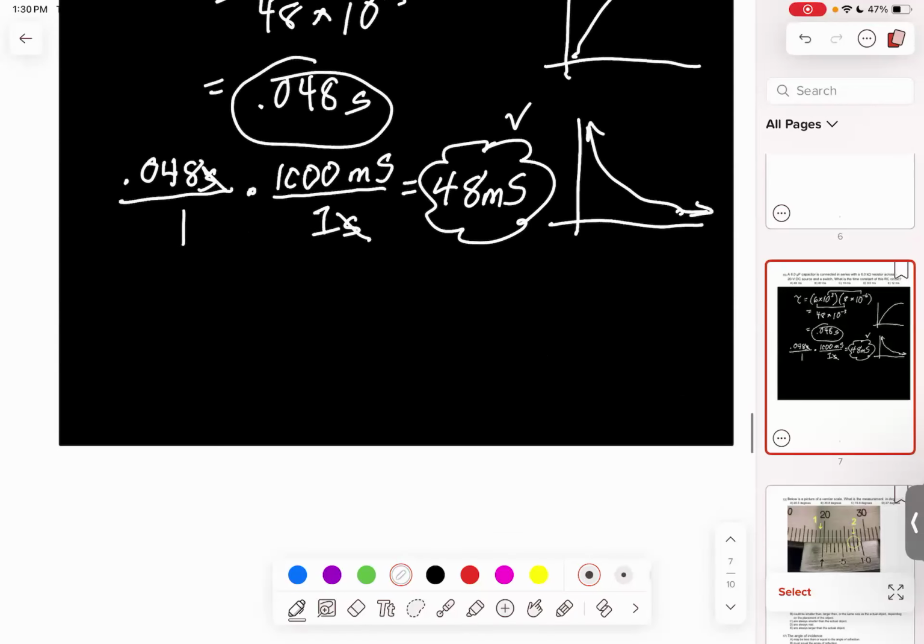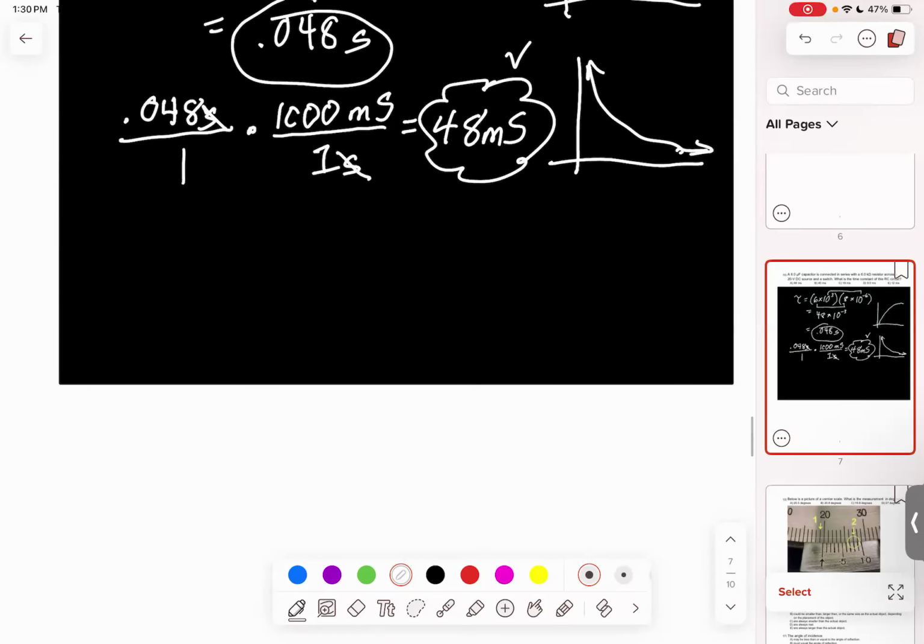Okay, a couple things you need to know also in terms of voltage increases and voltage decreases. These RC circuits are going to charge and follow this pattern. So what does this mean?